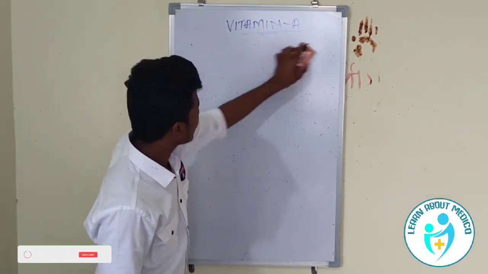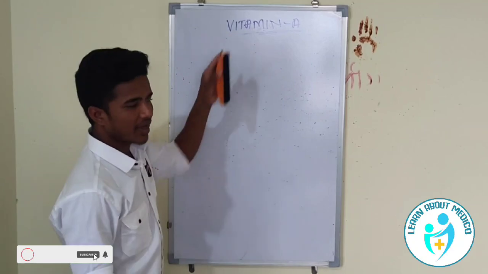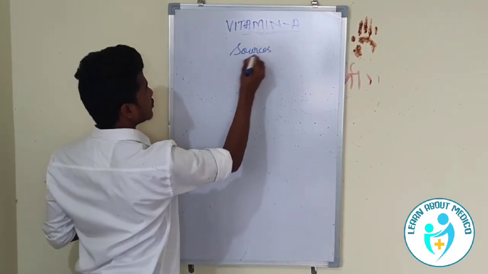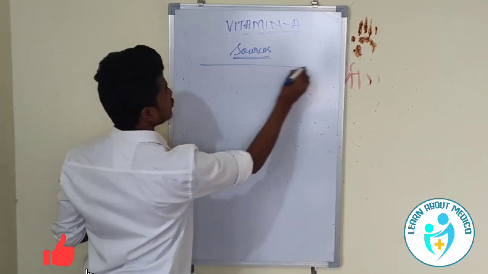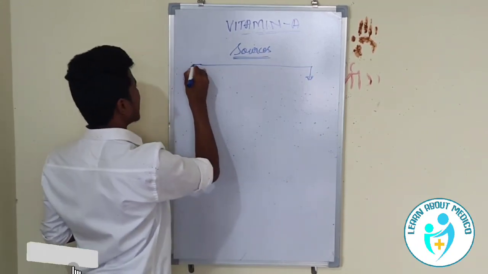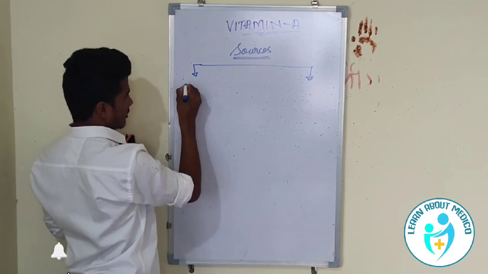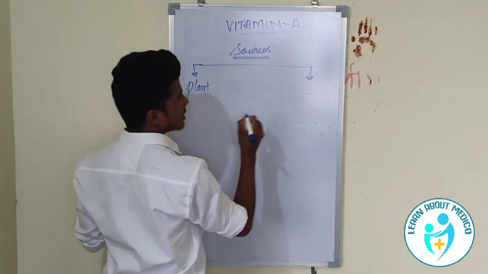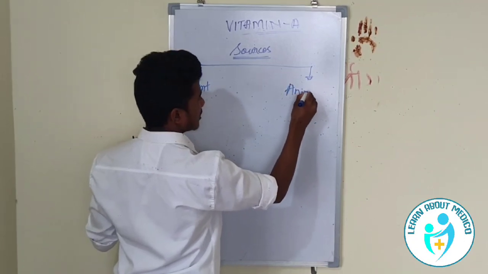After this, we will learn about the sources of vitamin A. We are going to study the plant sources as well as the animal sources.